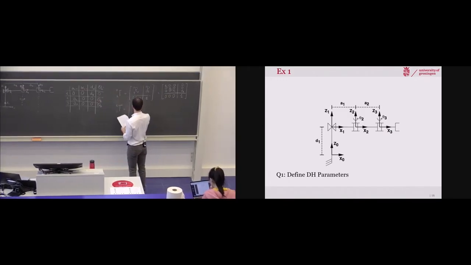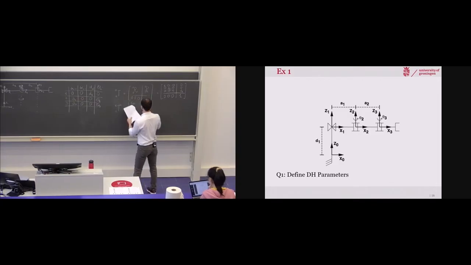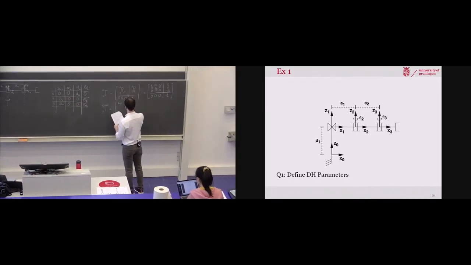So it is something like this: cosine of theta 2, minus sine of theta 2, and then you have sine of theta 2, cosine of theta 2, then you have 0, 0, 1, 0, 0. Here we put the usual 0, 0, 0, 0.